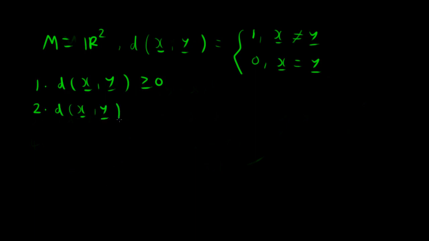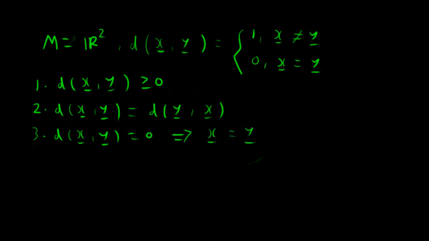I mean, if they're equal, then it's just 0, and if they're not equal, it's just 1, which is going to be the same even if you reverse the order. So that's certainly the distance from y to x. Good. Condition number 3, well, when is it 0? Well, it's 0 only when x is equal to y, so indeed the distance from x to y equals 0 implies x is equal to y. This is just from the definition.